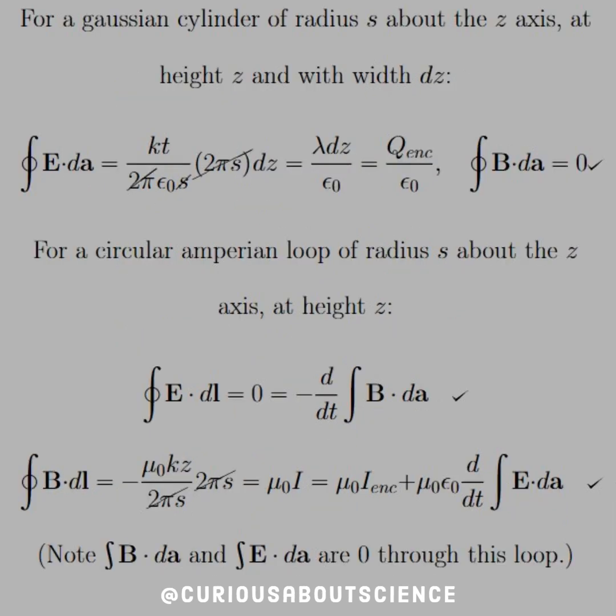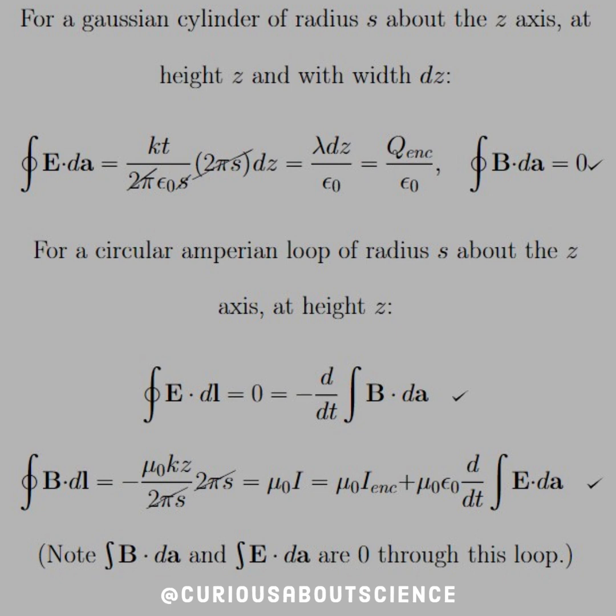Now for the Gaussian cylinder of radius s. Since we did the differential, now we have to do the integral form. So for a Gaussian cylinder of radius s, about the z-axis at height z with length dz, we have that the integral of E dot dA is equal to kt over 2 pi epsilon naught s times, well, the surface here would be 2 pi s times L, but L would be dz.